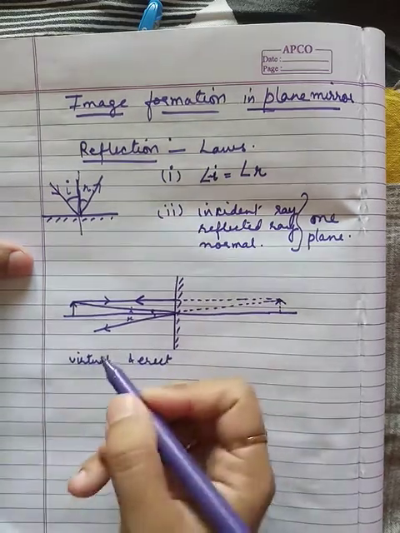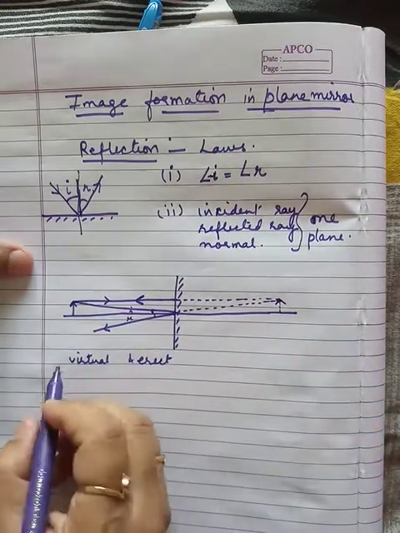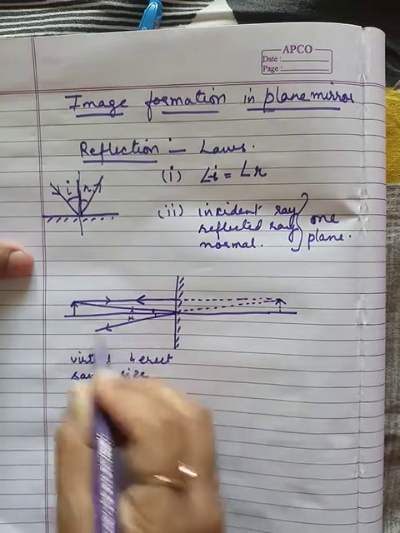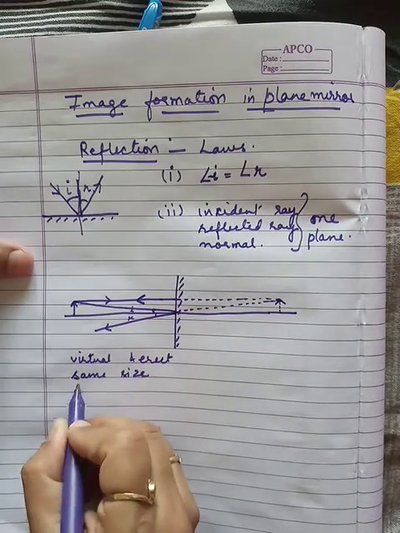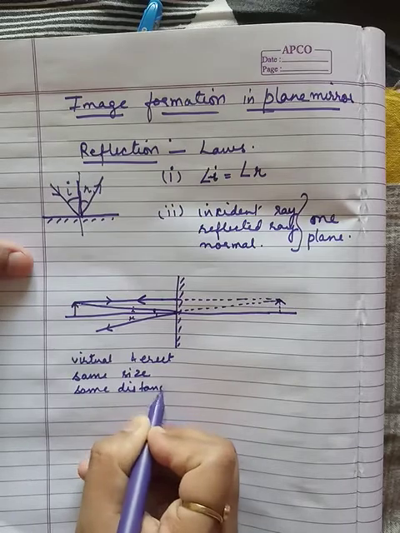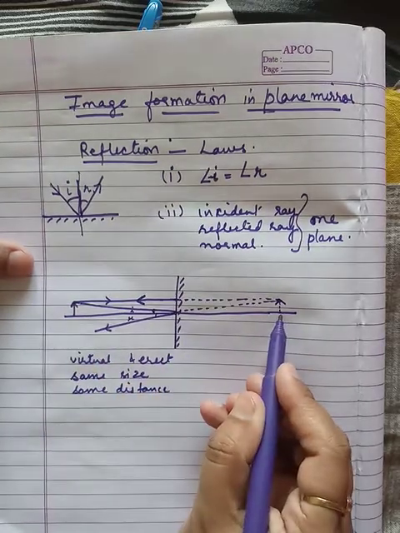What type of image will the plane mirror form? It will be a virtual and erect image, and the image will be of the same size as the object, and the image will be at the same distance as the object distance. So the object distance and the image distance will be the same.